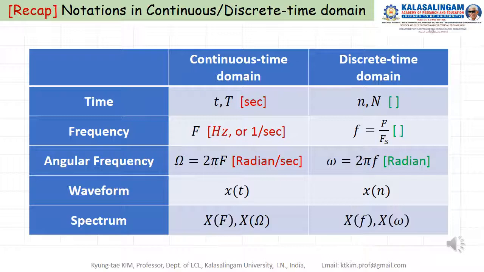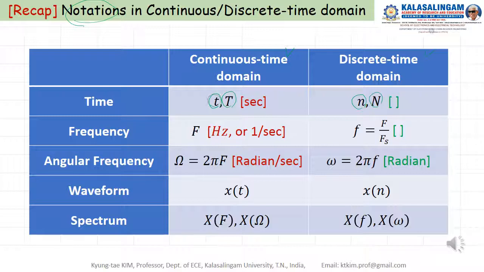Okay, for my lecture, let me review the notations: continuous-time domain and discrete-time domain. For time, lowercase t is the variable and uppercase T is the period. The discrete case is n, and this is m.